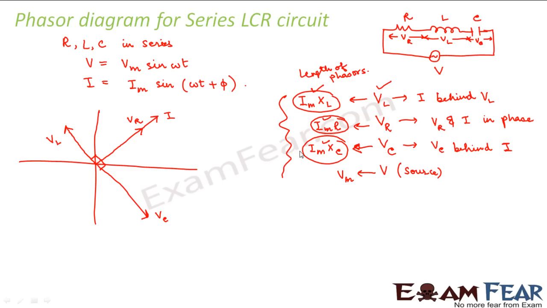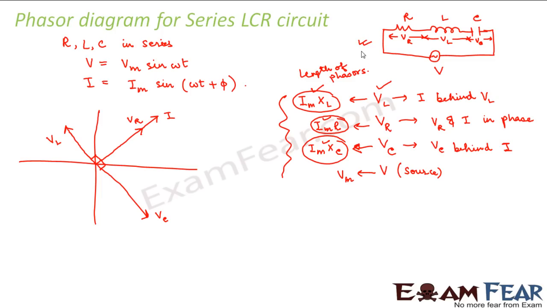So for the same frequency, VC comes out to be larger when compared to VL. In this case, we see that VL and VC are exactly opposite to each other and they are along the same line, right? That is the part of the phasor diagram.